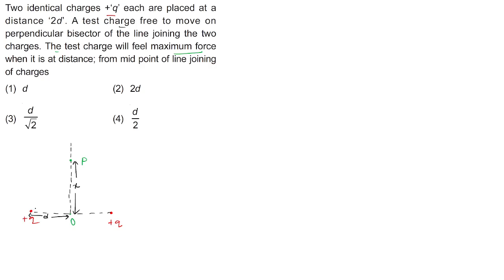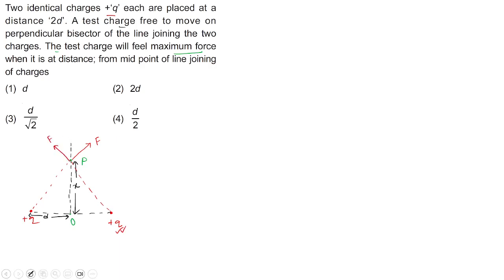The force exerted by the plus q charge situated on the left will be in this direction. Suppose the force is F. Similarly, an equal force F will be exerted by the other plus q charge, in this direction.